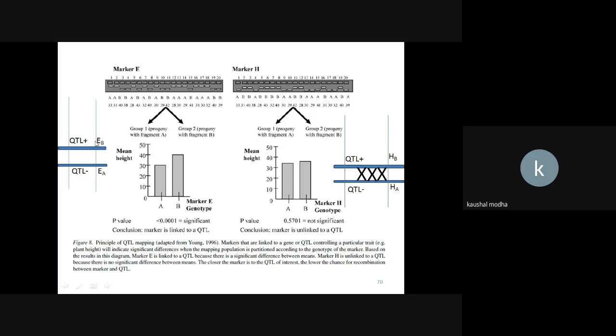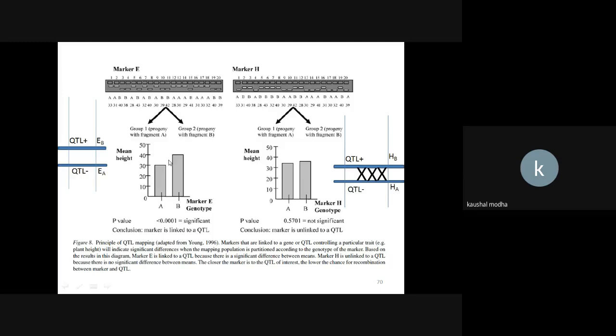Because if the B allele of marker E is linked with the positive allele, then you will always find higher number of pods per plant because it is the favorable allele. Higher number of pods per plant in that group would be significantly higher than the other group where the A allele of the marker is always linked with the negative contributing allele of the QTL locus.